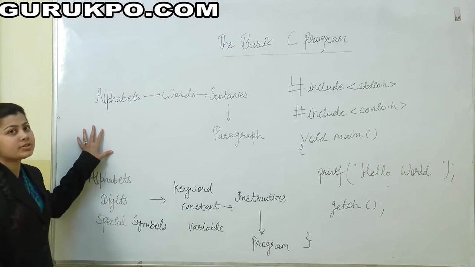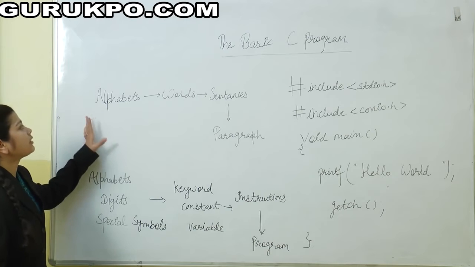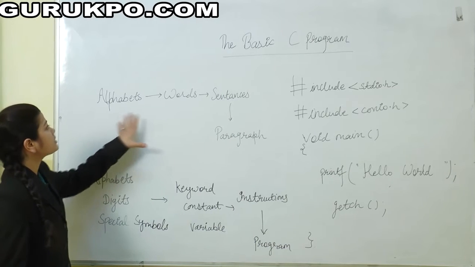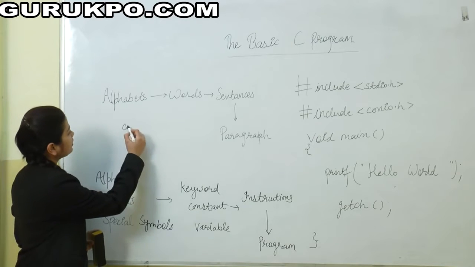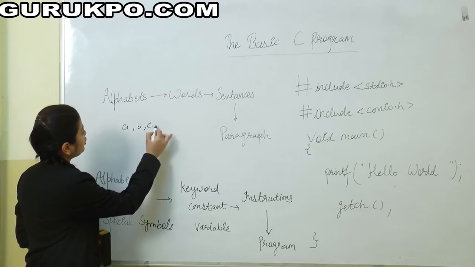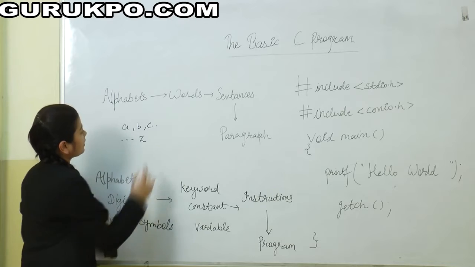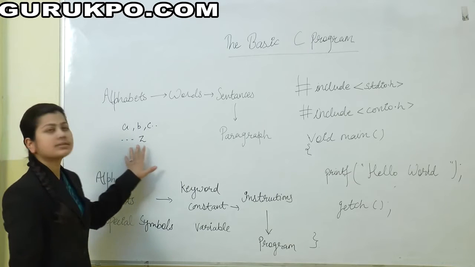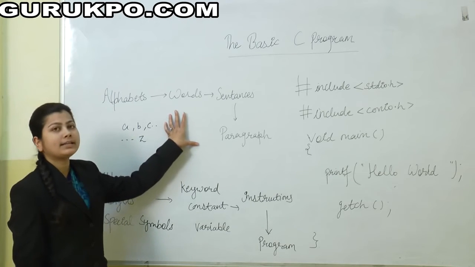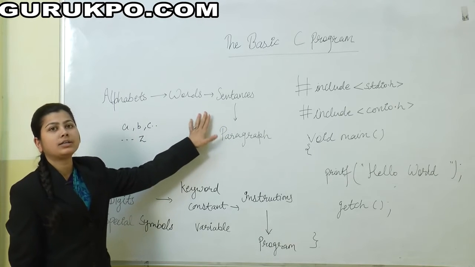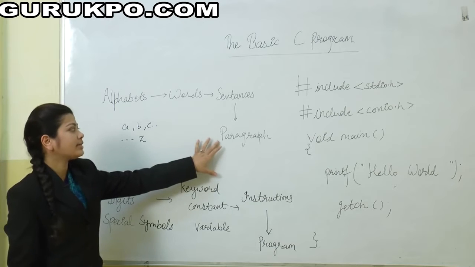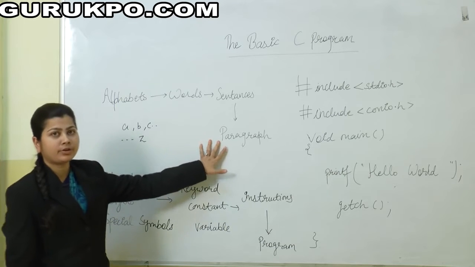In our general language, we use alphabets. After that, the combination of alphabets forms a word. For example, in English, the combination of alphabets forms words, the combination of words forms a sentence, and the combination of sentences makes a paragraph.